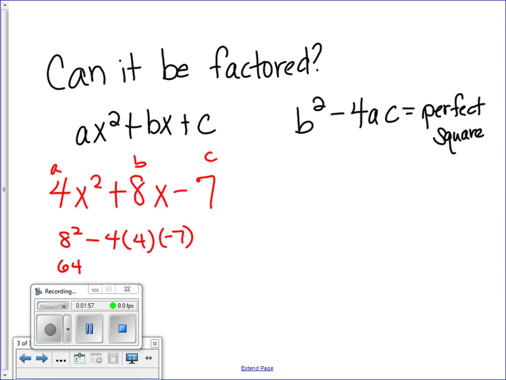Negative 16 times 7. 112. 16, 7. 64 plus 112 is what? 176. Is 176 a perfect square? No. So this is not factorable.